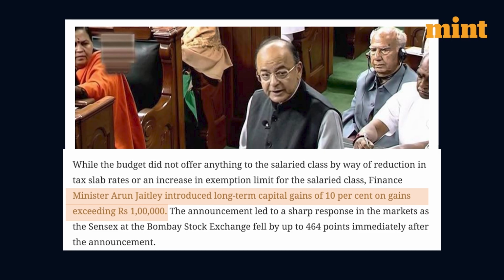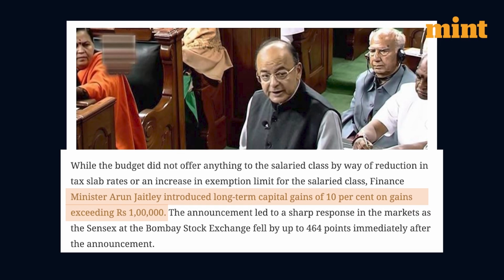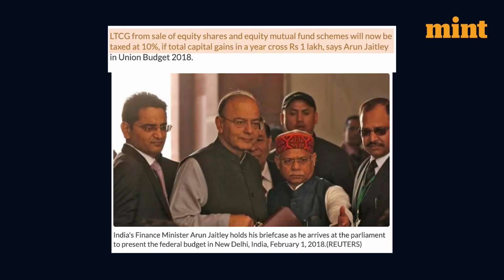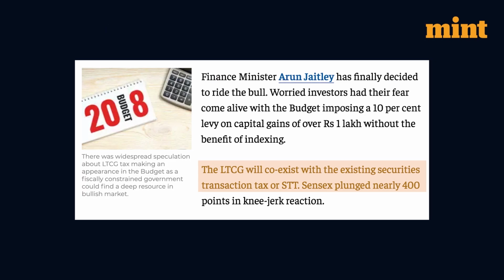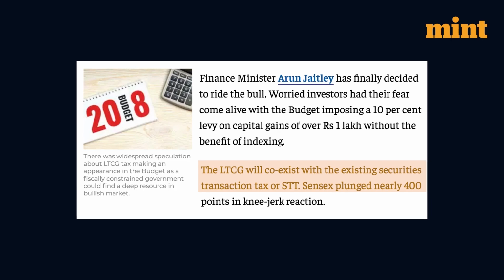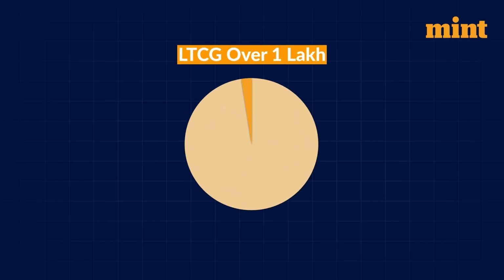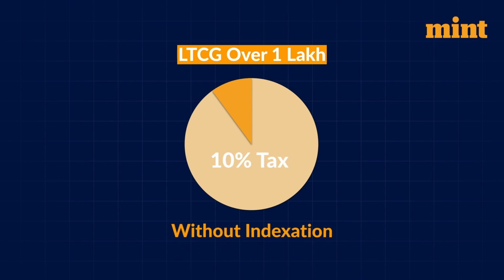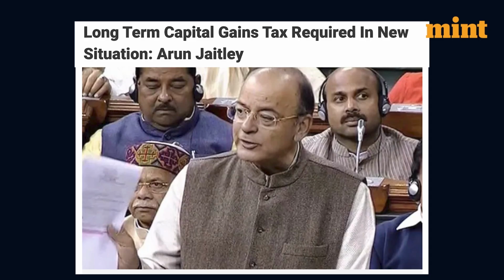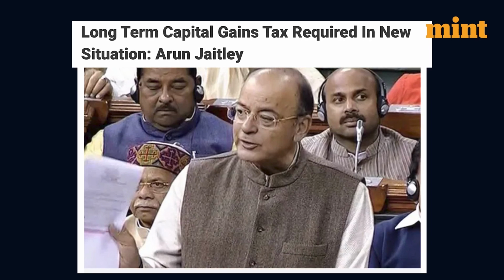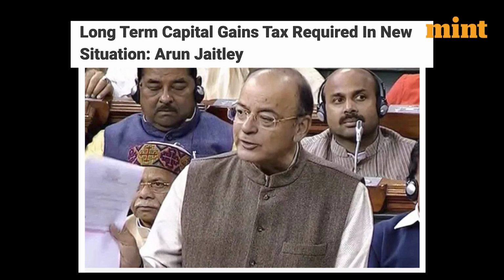In 2018, former Finance Minister Arun Jaitley decided to eliminate the nearly 14-year-long exemption for investors on long-term capital gain shares. Since that time, long-term capital gain over Rs 1 lakh has been subject to a 10% tax without any indexation. However, all gains made up until January 31st, 2018 were made tax-free up to that point.